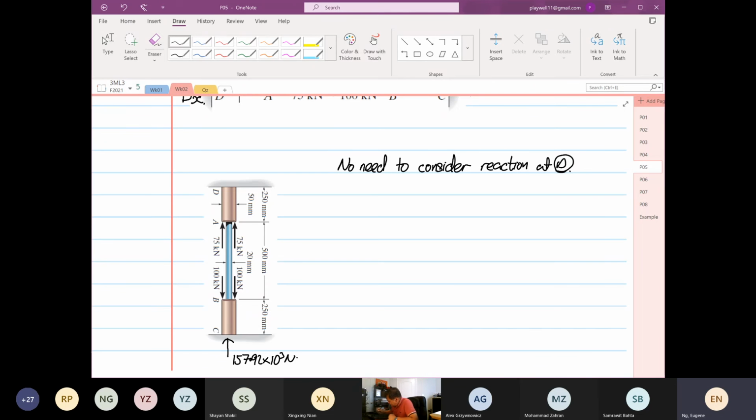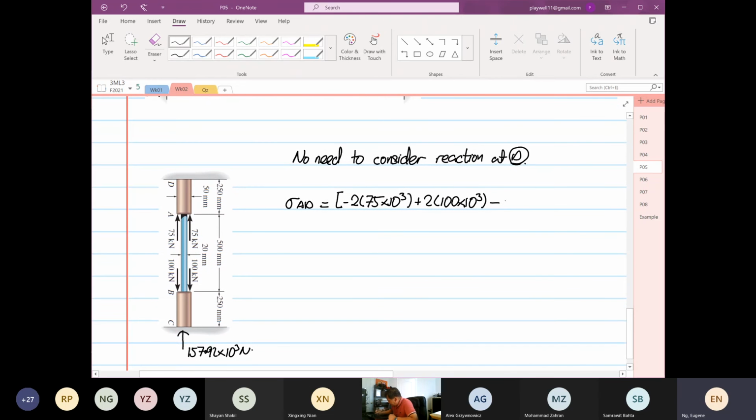So the stress at AD is equal to: it's going to see twice the 75 forces, then twice the 100 in tension, then the 157.92 times 10 to the power 3, and then you divide by the cross-sectional area.